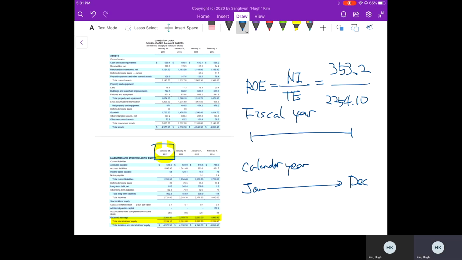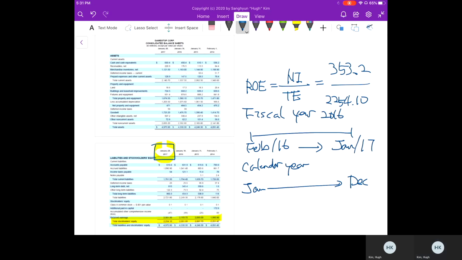For GameStop, the fiscal year starts from February. So fiscal year 2016 starts from February 2016 and goes to January 2017.